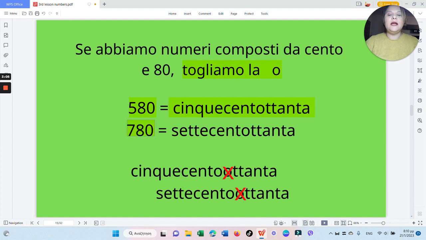Another example, 780. I eliminate one of the two O's. Here is the wrong form, 580. As you see, I've eliminated one O, and 780.